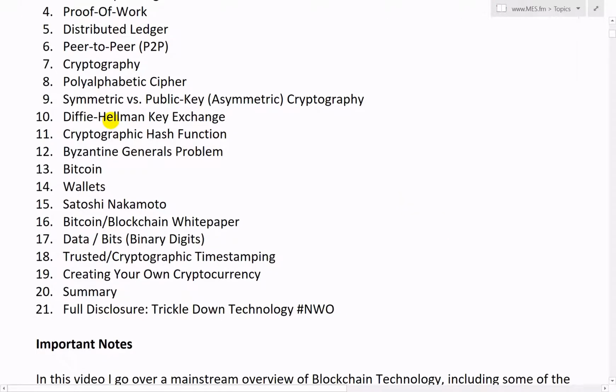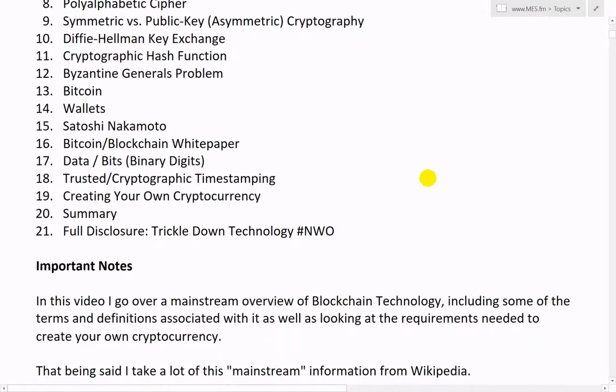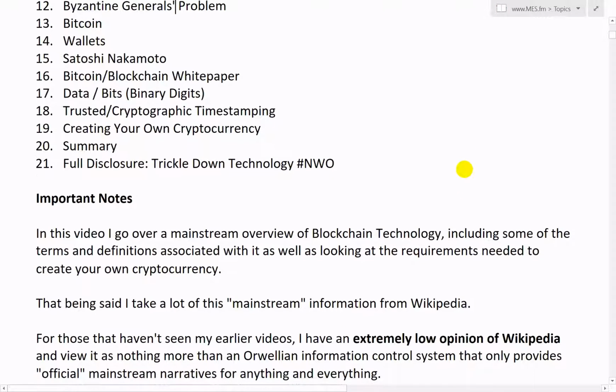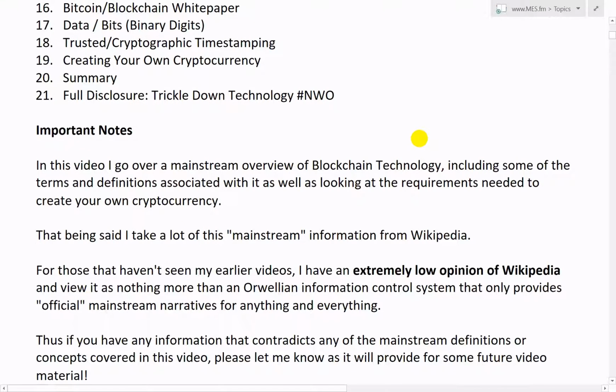And also look at symmetric versus public key or asymmetric cryptography, the Diffie-Hellman key exchange, the cryptographic hash function, the Byzantine Generals Problem, Bitcoin wallets, Satoshi Nakamoto, the Bitcoin blockchain whitepaper, look at data and bits or binary digits, and then look at trusted or cryptographic time stamping. Then also talk briefly about creating your own cryptocurrency, and then go over a summary of all of this.